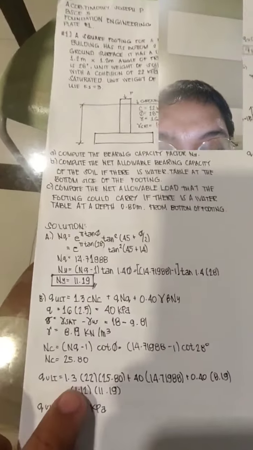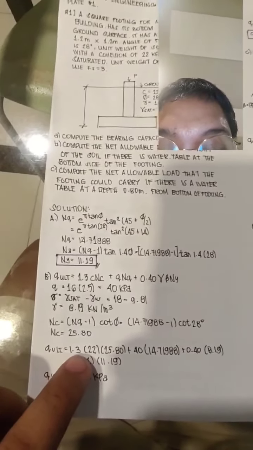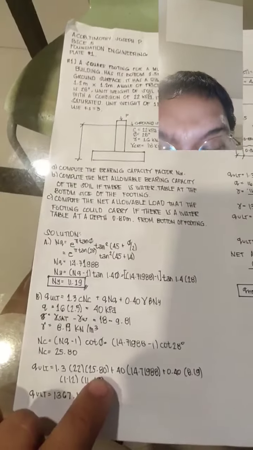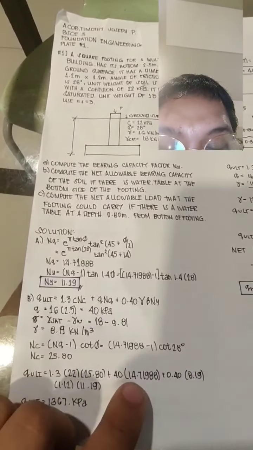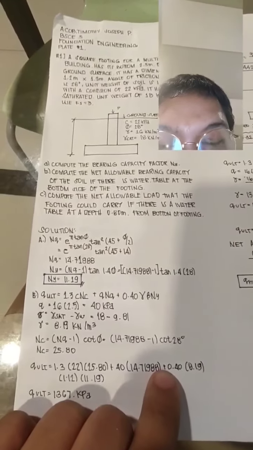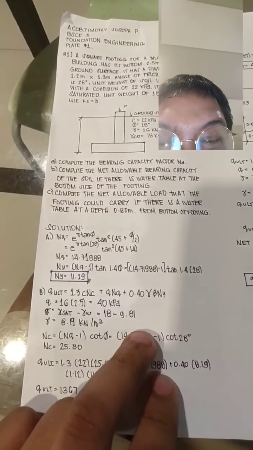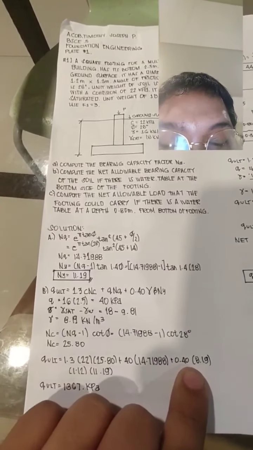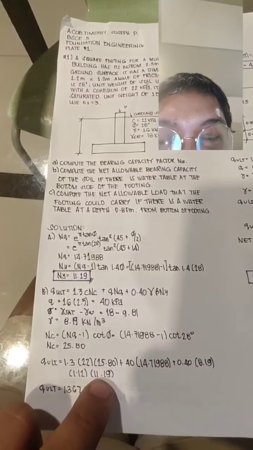So, q ultimate equals, using the formula here, 1.3 times c of 22, the cohesion, times 25.80, which is the Nc, plus 40 times 14.71988, which is Nq, plus 0.40 times 8.19 times 1.12 times 11.19.